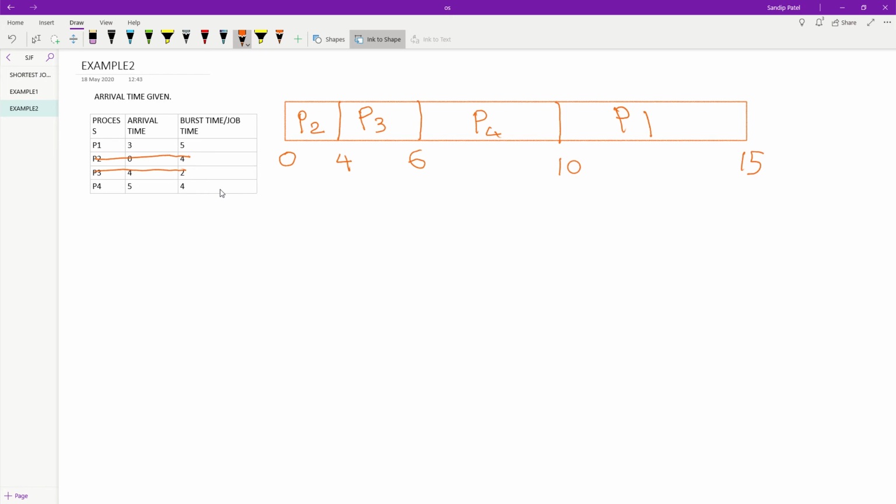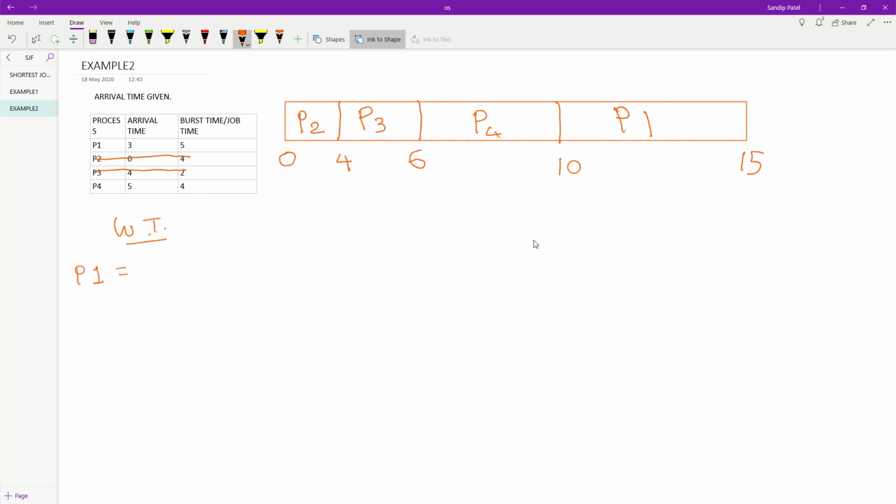Now our next objective is to find out the waiting time, as you very well know about it. So for the process P1, we will calculate the waiting time.